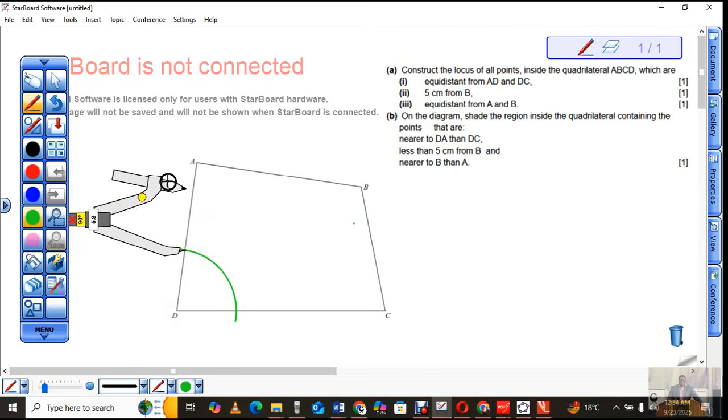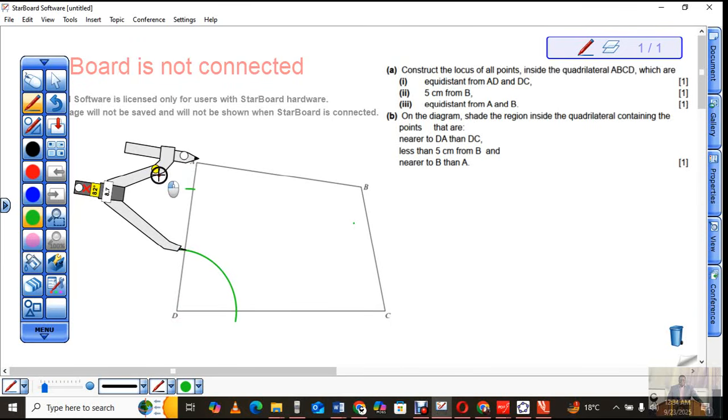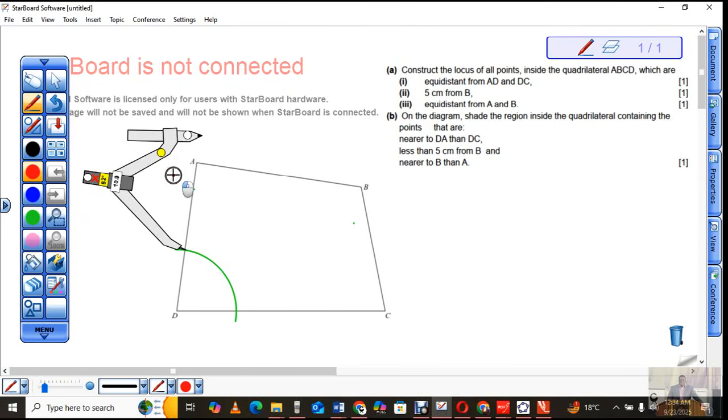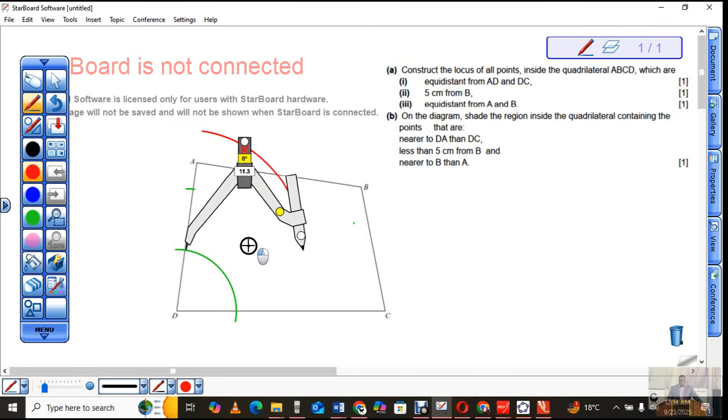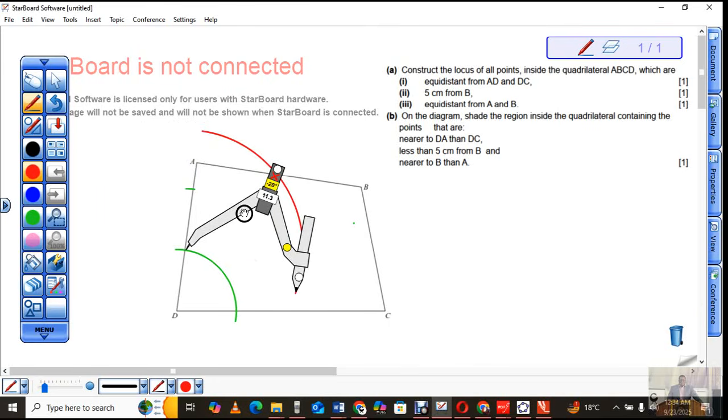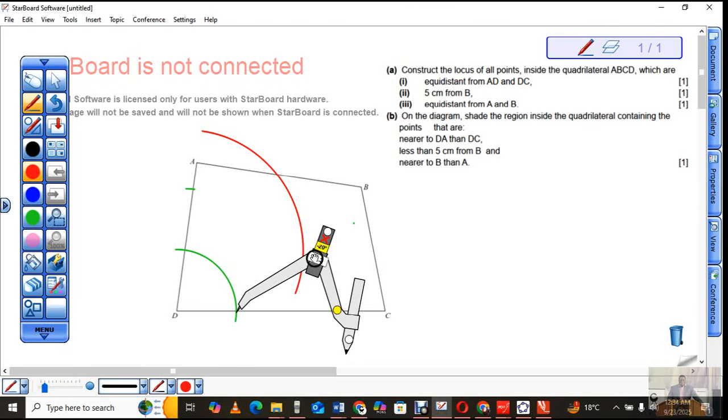Take that compass again. I can increase the size if I want to. Just increase the size. Okay, not too far. Then I put it over here as well.